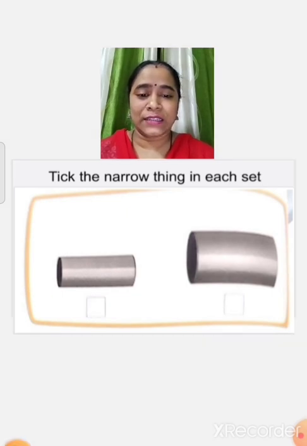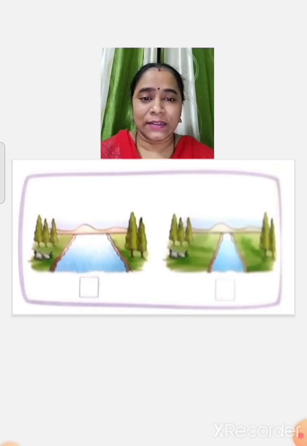Now next. Yes. What are there? Yes, rivers. 2 rivers are there. So here we are going to take narrow river. Okay.